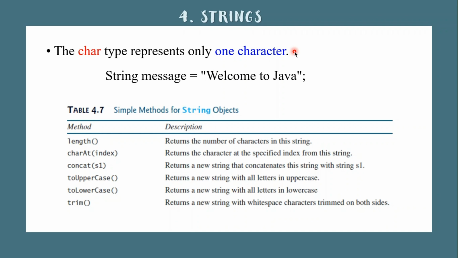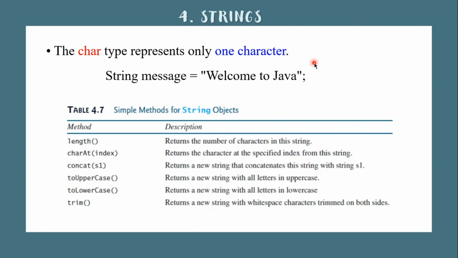So we saw that nextInt will make the user type only integers and so on. But for the character data type, we don't have the method in the Scanner class. So in order to solve this problem, we need to use strings or the String class and its methods.